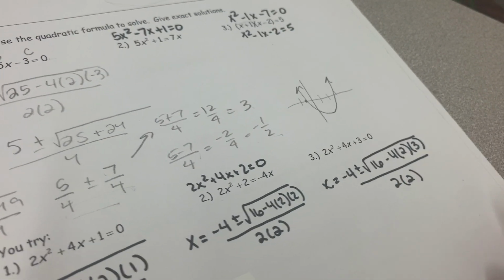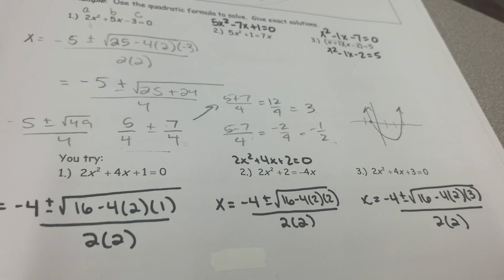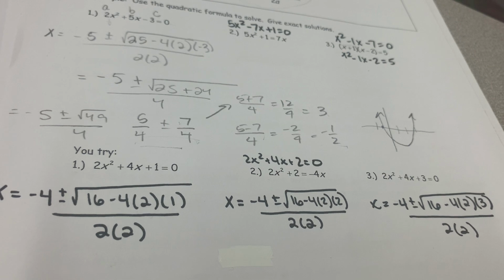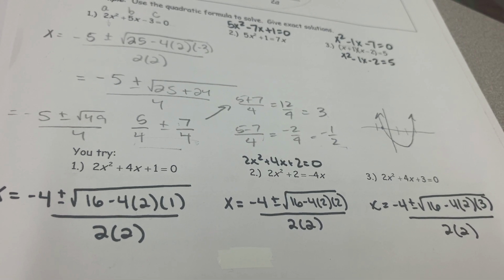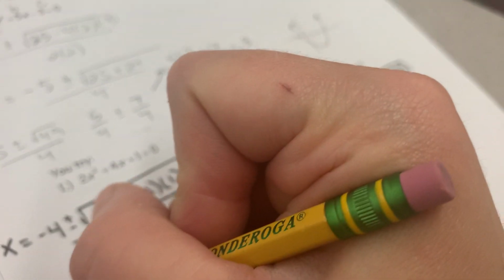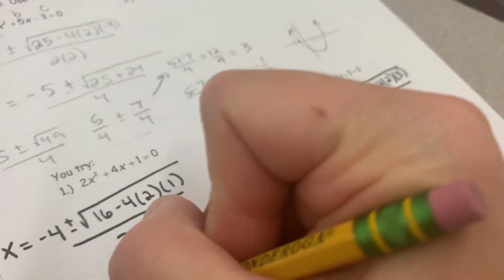All right. I want you to try these next 3. So go ahead and substitute them into the quadratic formula. I kind of already did it, but I'll let you pause and go ahead. Okay, and now you're going to simplify.